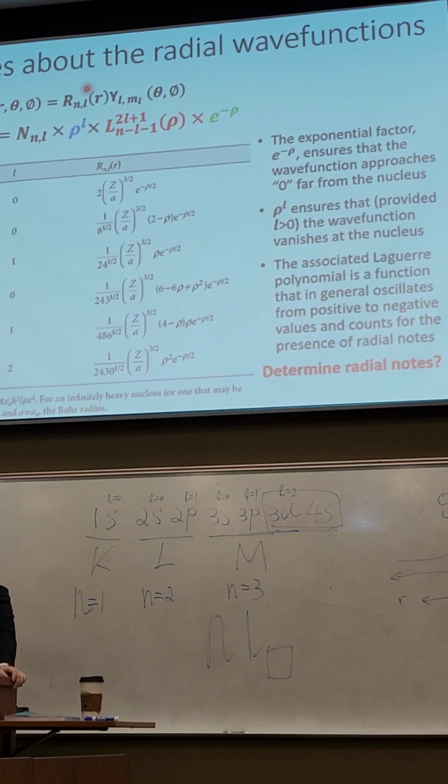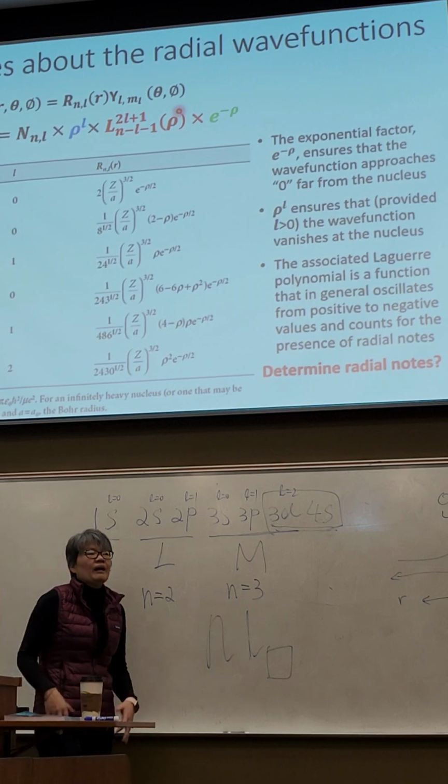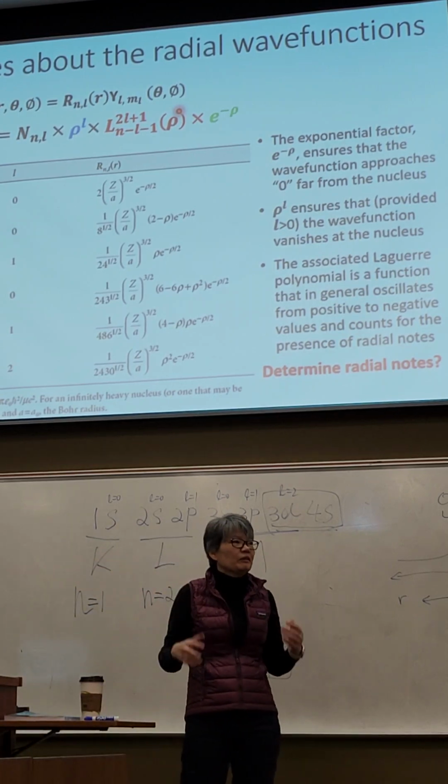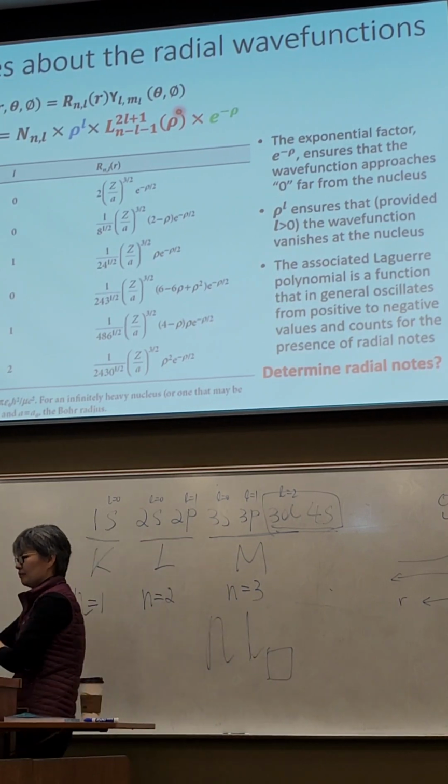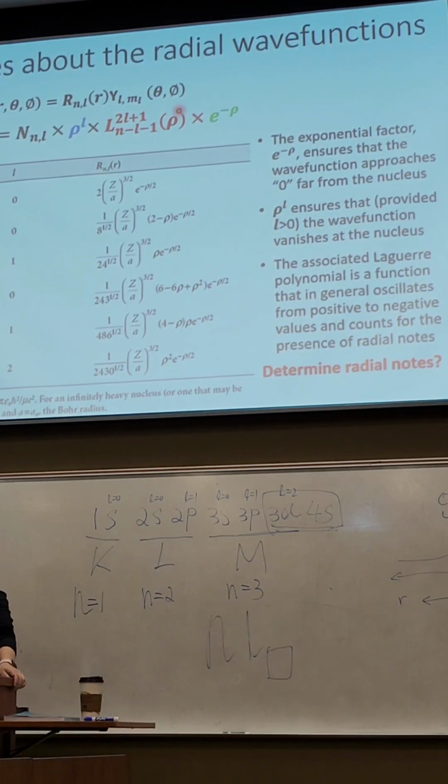Now, the polynomial term can actually, if I say, let's calculate the nodes for that radial wave function. You know immediately, guys, this term will not give you the node. Do you agree? Do you guys agree with that? This term will not give you a node.